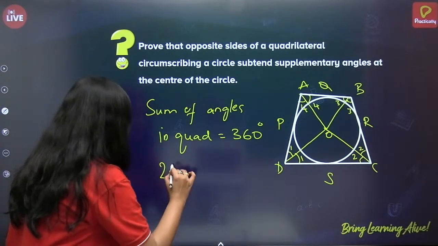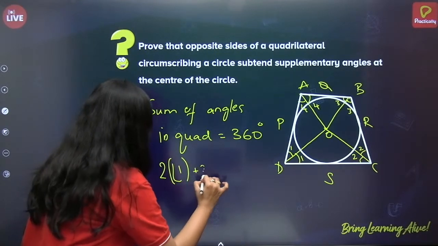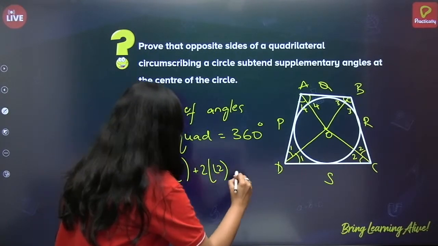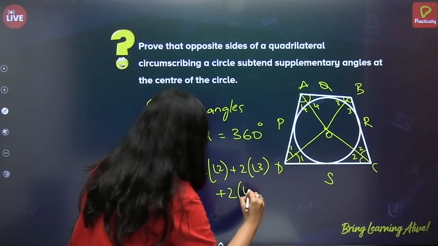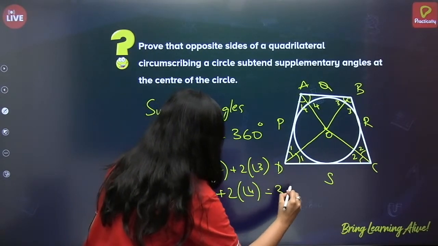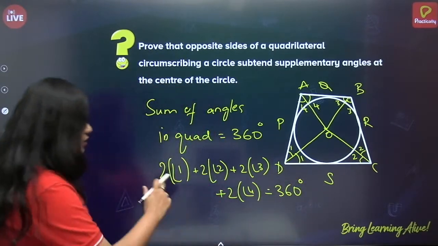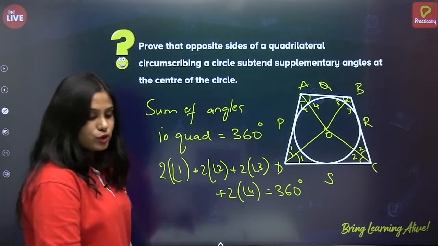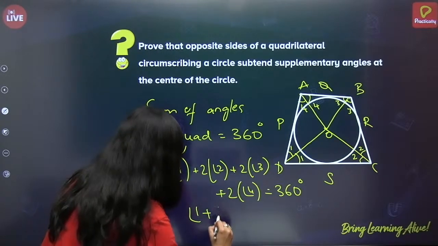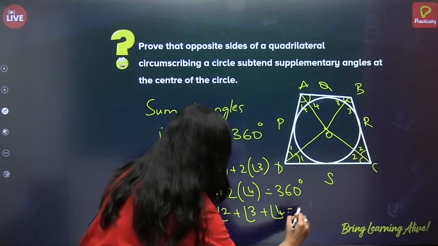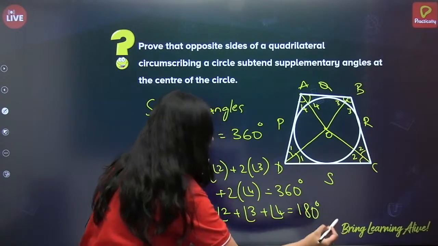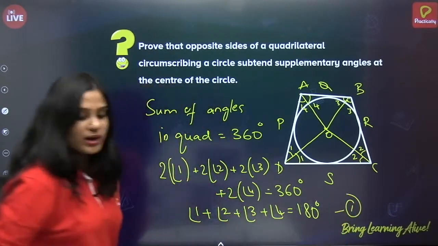So, I can write 2 of angle 1 plus 2 of angle 2 plus 2 of angle 3 plus 2 of angle 4 is equal to 360 degrees. So, if I take 2 common here, what do we get? Angle 1 plus angle 2 plus angle 3 plus angle 4 is equal to 180 degrees. Right? This is my equation 1.